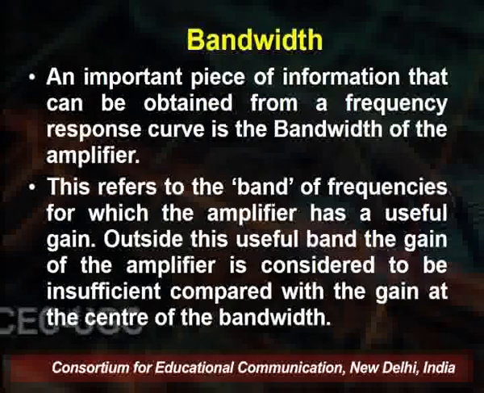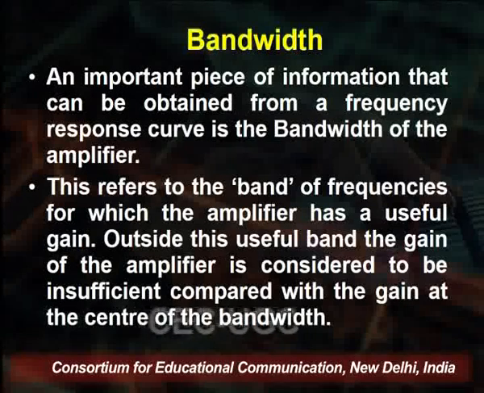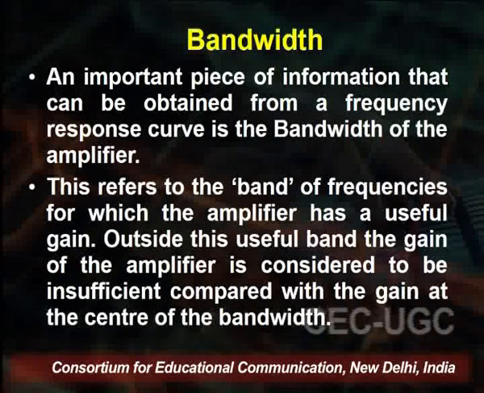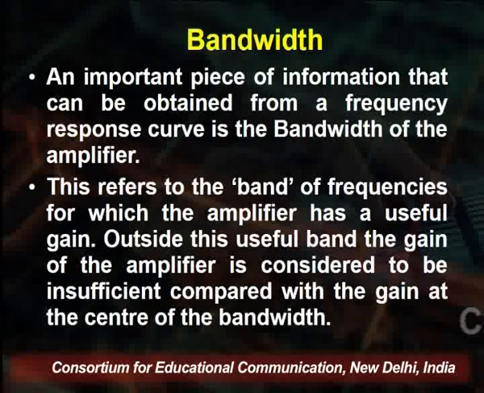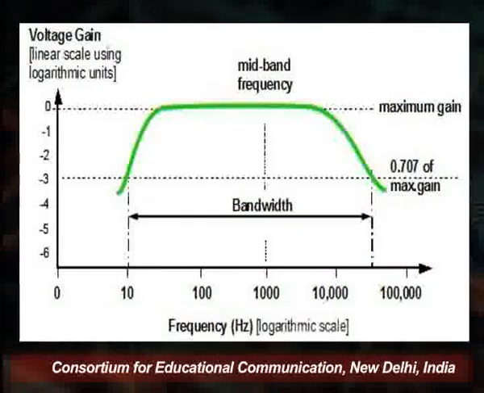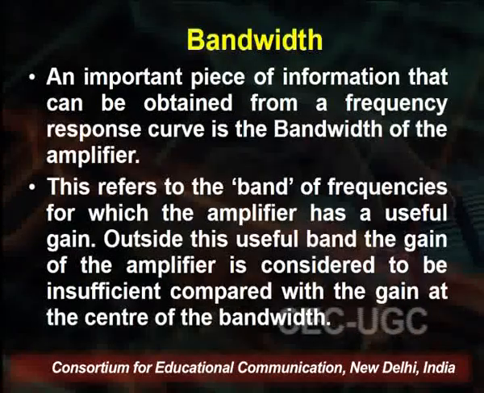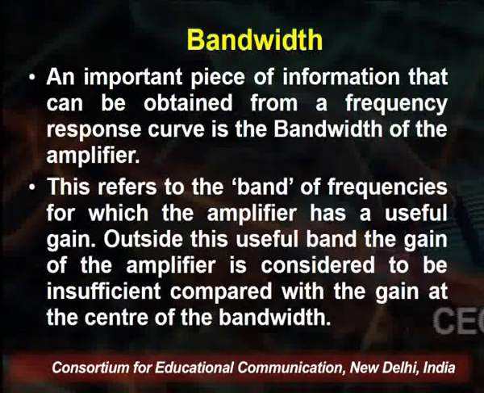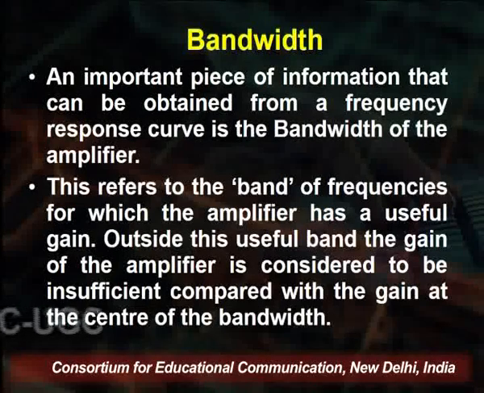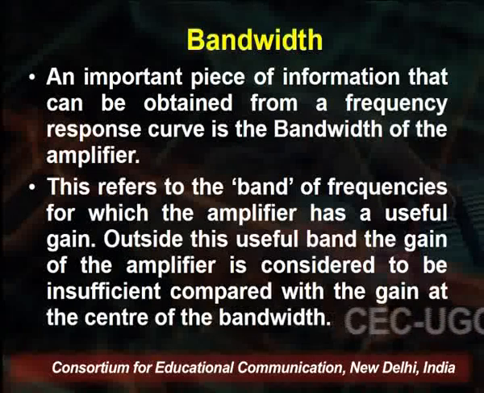Now the next parameter is the bandwidth, which is important, and the important piece of information that can be obtained from the frequency response curve is the bandwidth of the amplifier. You see here in this diagram the frequency range defines the bandwidth, how much bandwidth it has. This refers to the band of frequencies for which the amplifier has useful gain.